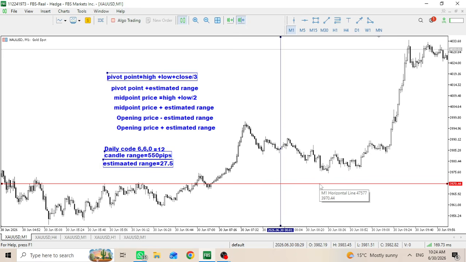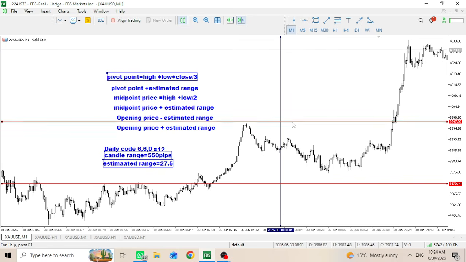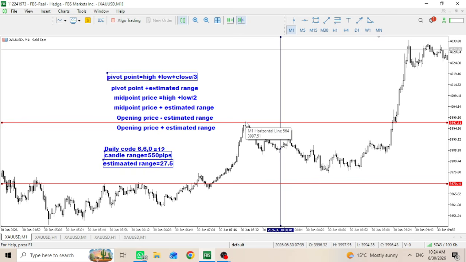If I take that 3970.45 and add the estimated range, 27.5, I want you to see something. It will give me 3997.95. You can see it's basically showing me the high of that 4-hour candle using the daily code.